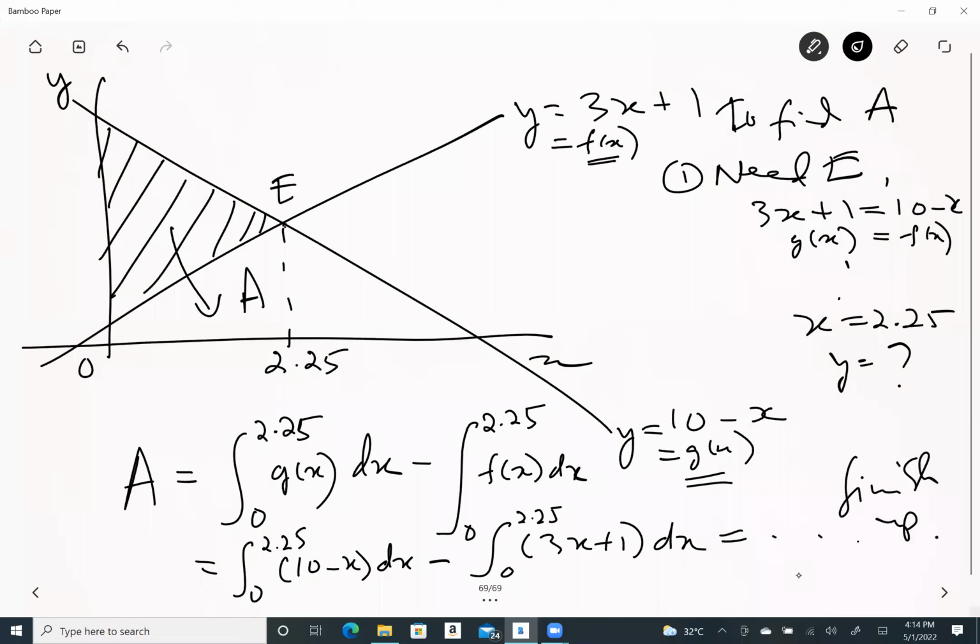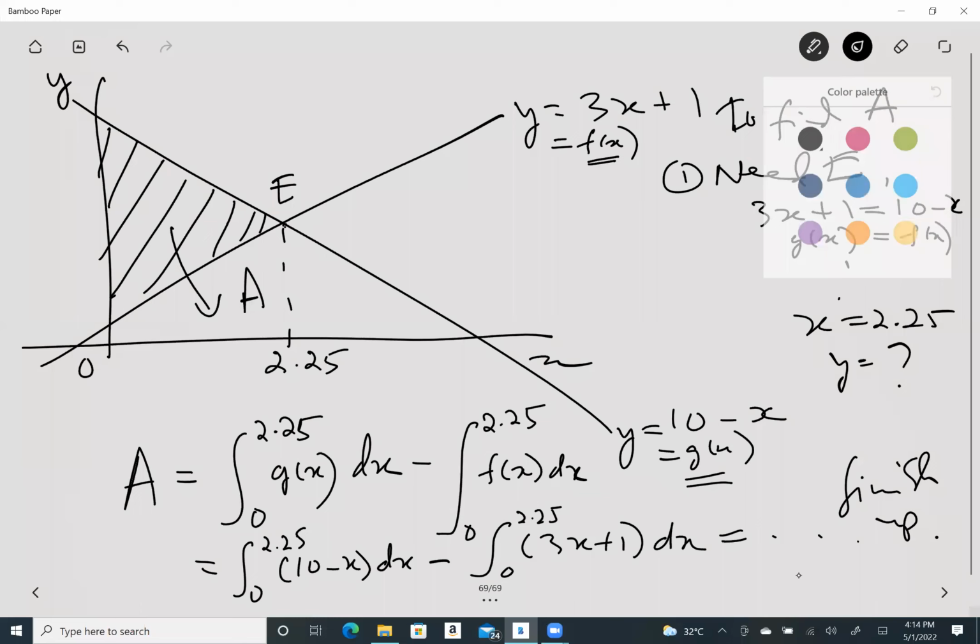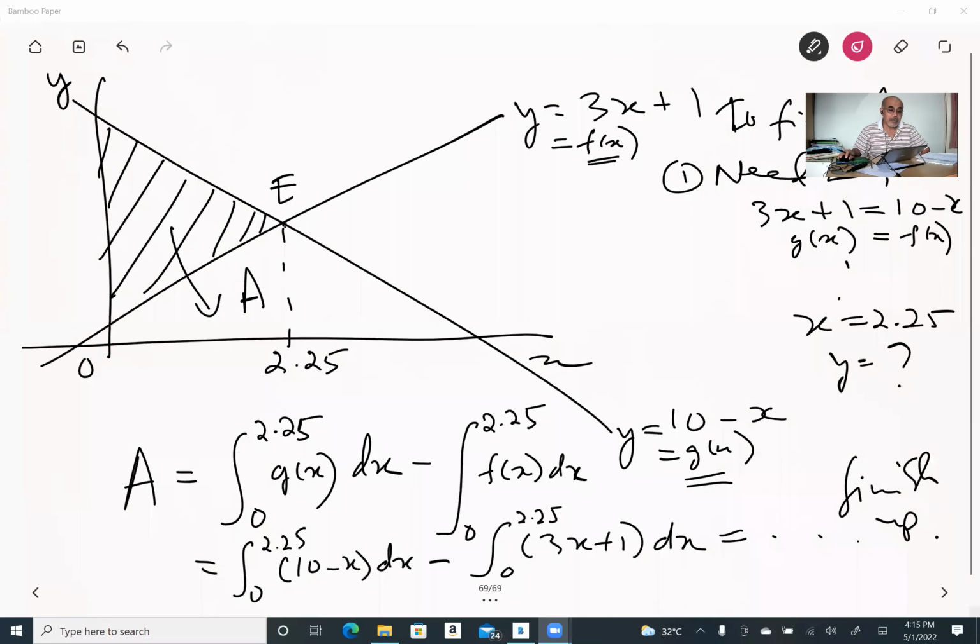I think probably you can find this quarter. So another area that you can find, since I give you already the point E. So I want you to do this other area.